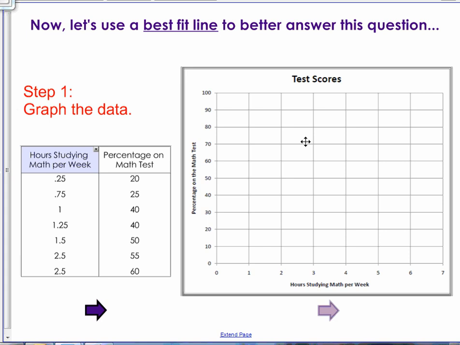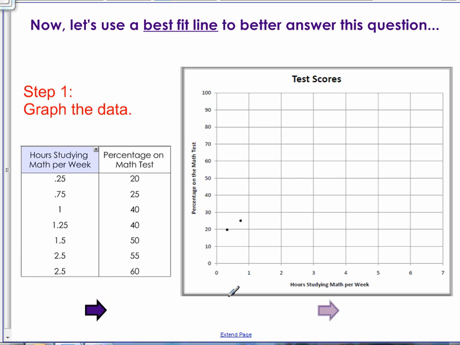We would take this data and plot it on the graph. On my x-axis, we have hours studying, and on my y-axis, I have the percentage. So I'd match them up. I have 0.25, so that's about here for hours, and they got 20. About 0.75 would be about here, and they got 25.